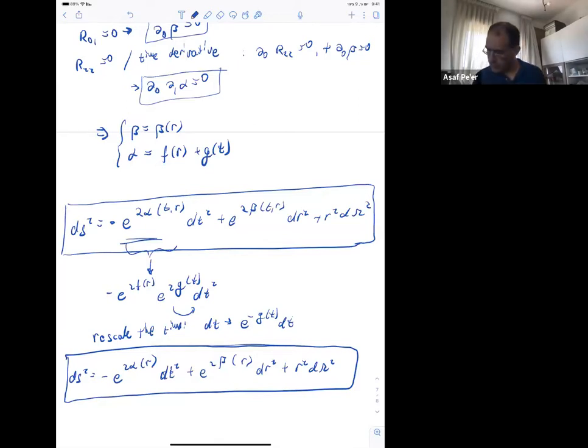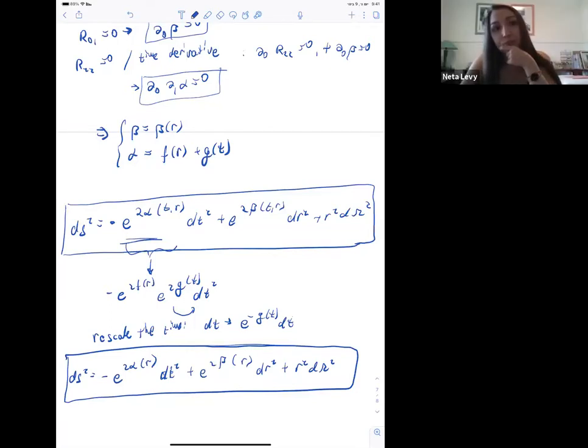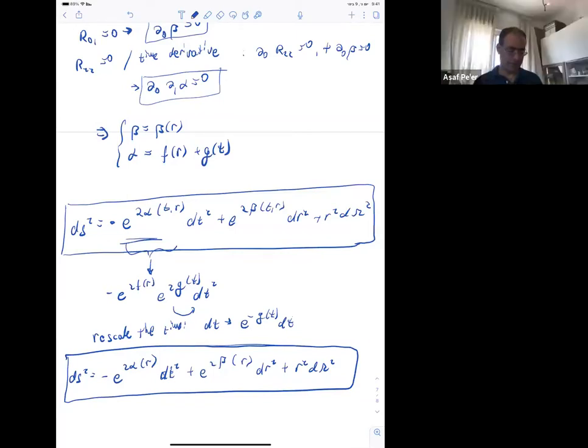When we look at the components of the metric, is there any coordinate which they are independent of? The time, very good. So what does it mean? That we have a time-like killing vector, right? If the coordinate is independent of the time, very good.